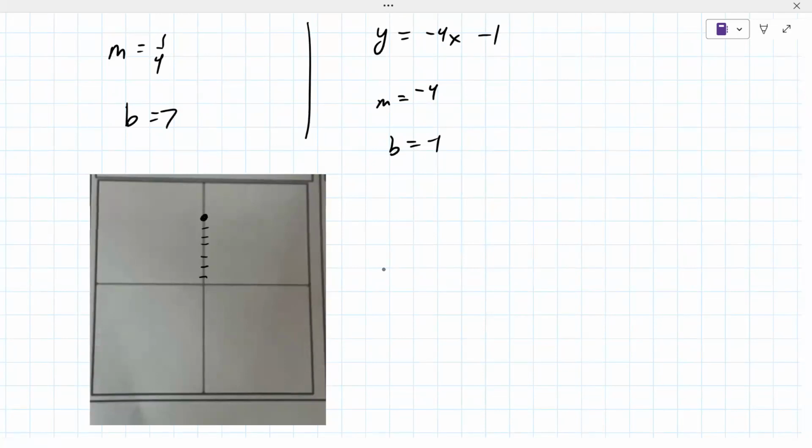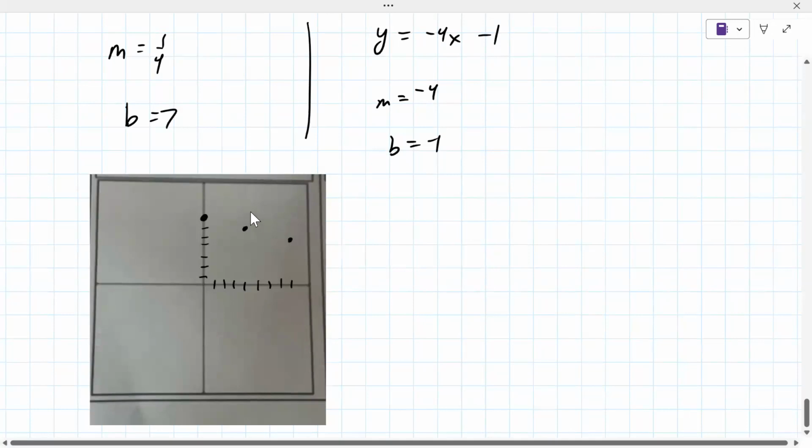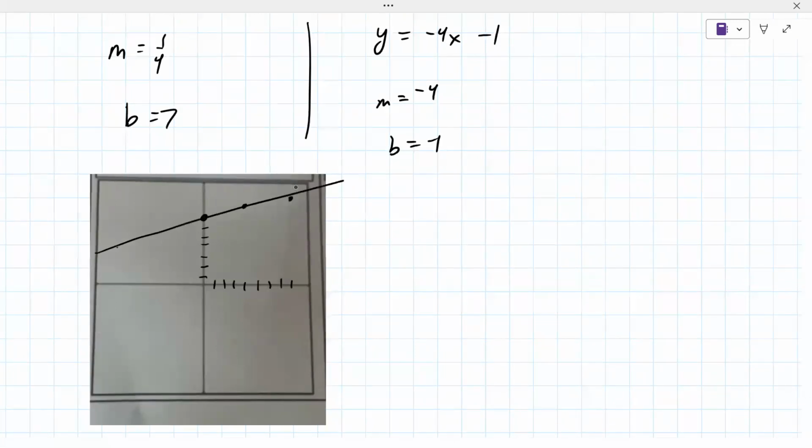It depends how accurate the teacher wants to be, but something like that. Oops, I went the wrong way. You've got to go up 1, right 4, something like that. And then -1, and then slope of 4.